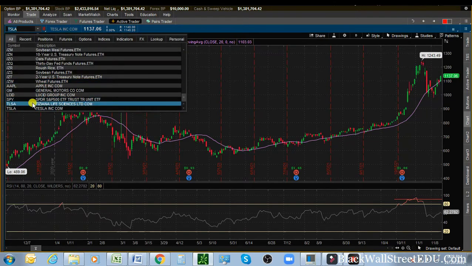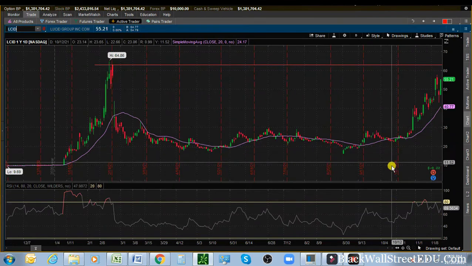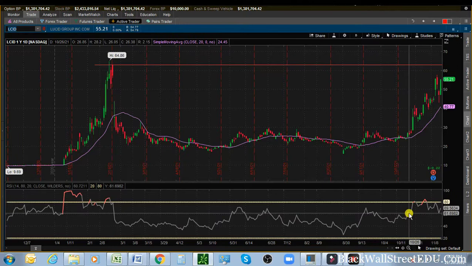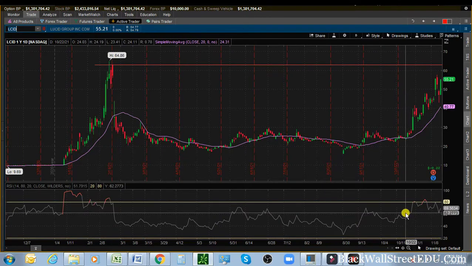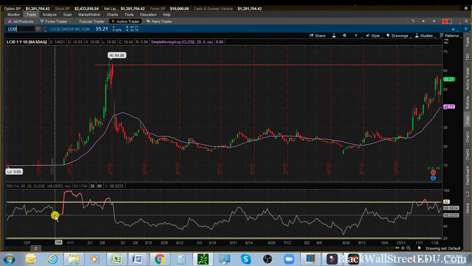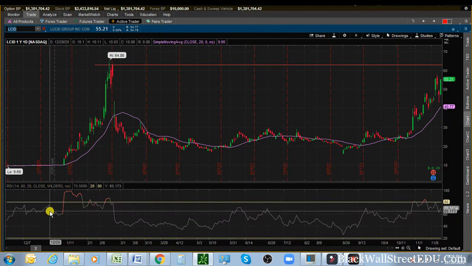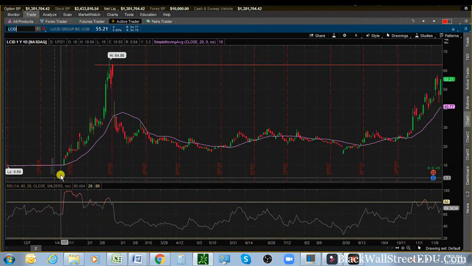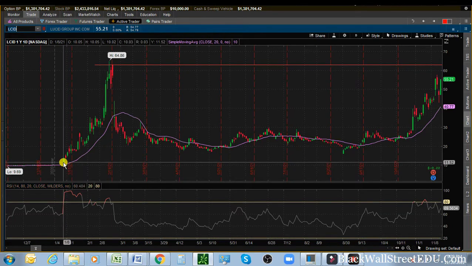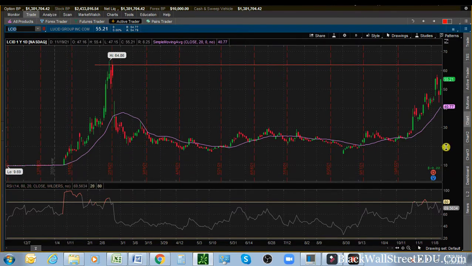Let's look at another one. Let's look at Lucid. Lucid here closed above the moving average, and it's not in an overbought nor oversold position. Got in here, rode it up to profit territory here. Perfect time. I'm not sure why this is red, but at this particular area, because it's neither overbought nor oversold, it would have been a great time to buy, or not sure if it would have been a great time to buy, but it was close.